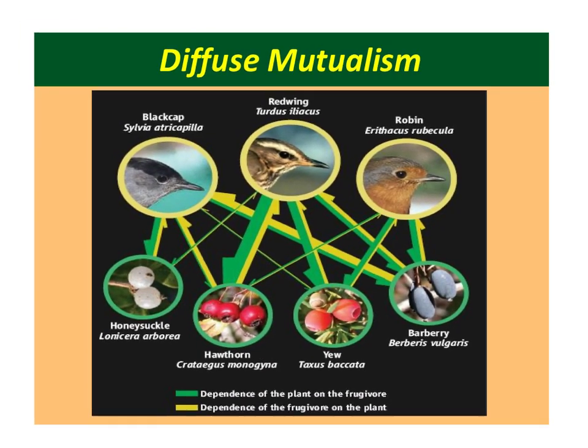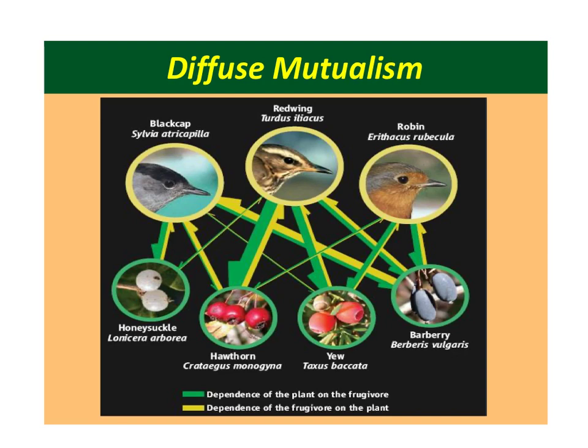Okay. Now the thing is, in a lot of mutualisms, like in seed dispersal, they're diffuse mutualisms, where there's a bunch of different species that feed on, let's say in this case, different kinds of fruit. And there's a number of different plants that rely on species of birds to feed on them, but it's asymmetrical.